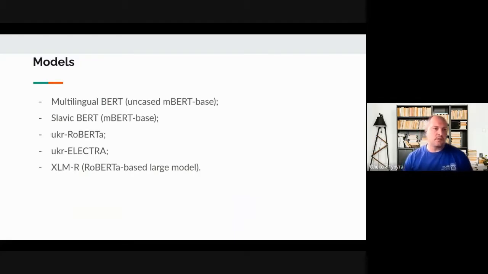First of all, we choose multilingual BERT. It was the uncased, BERT-base model, not large. One moment about this model: multilingual BERT was trained on a huge amount of multilingual data, about 104 languages.